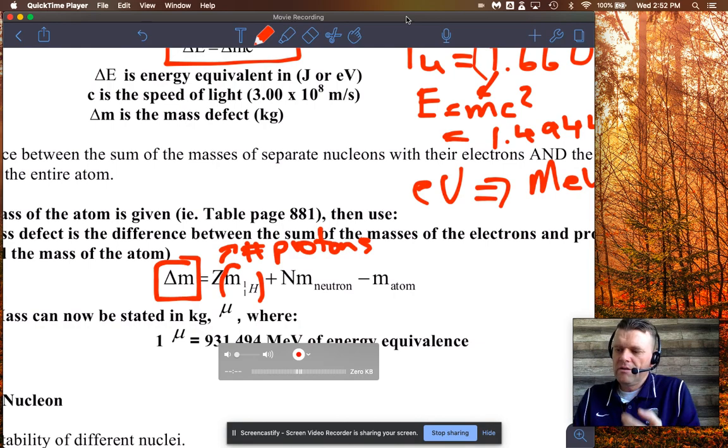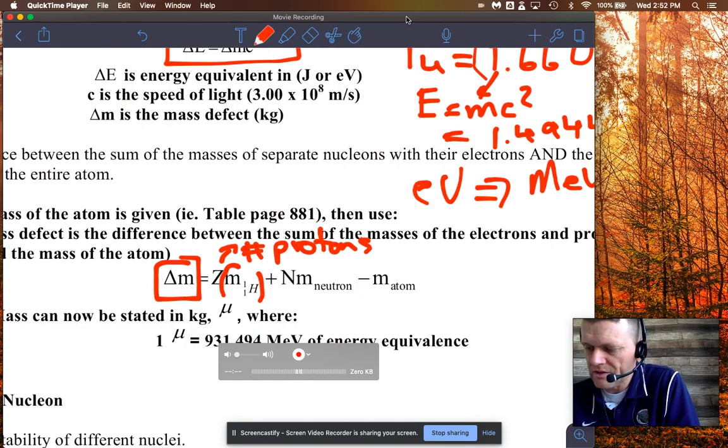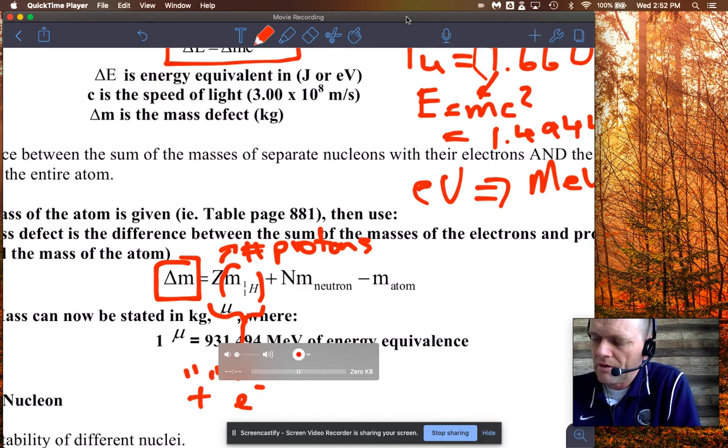So if you have, say, neon, you have 10 protons, you would just multiply 10 by the mass of a hydrogen atom, and that would take care of the protons and the electrons separately.